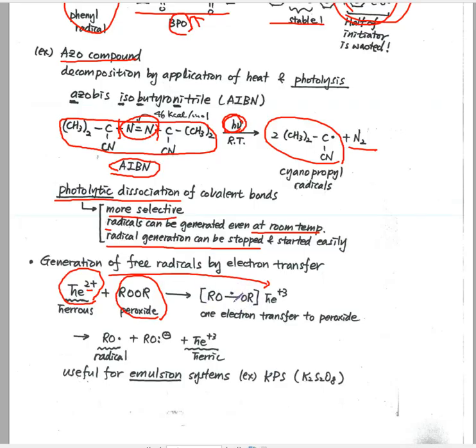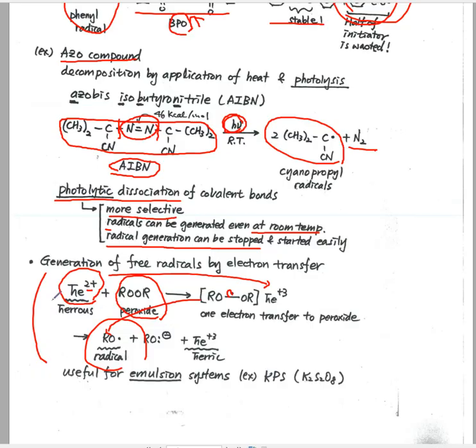Then the peroxide has an additional electron, and it can generate radicals. But in general, in free radical addition polymerization, we usually use azo compounds or BPO. So these redox reactions are hardly performed compared to other methods.